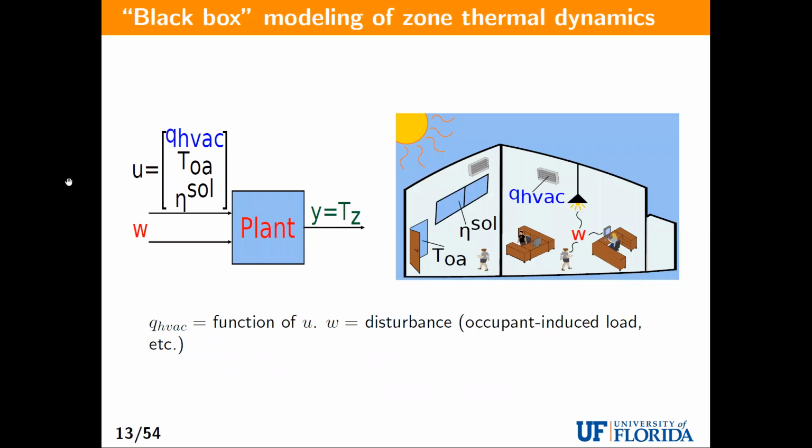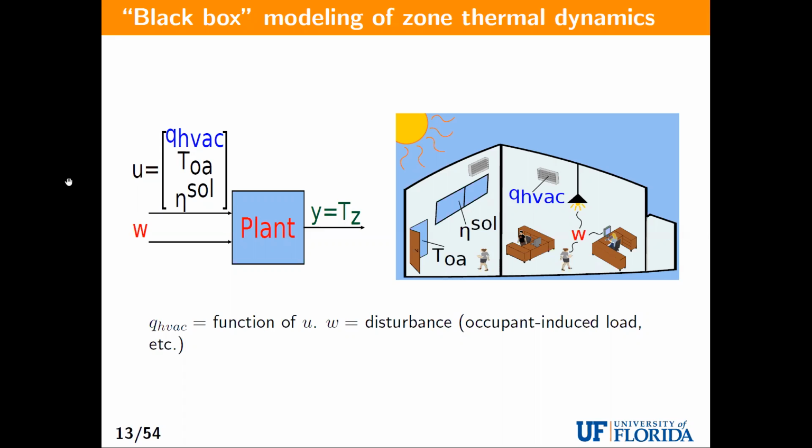So the first one is this model of what I call the zone thermal dynamics. So how does the temperature and humidity of the zone get determined based on all the control commands and based on the disturbances? So here, I have combined all the control commands into the heat injected or extracted by the air conditioning system, that's HVAC.